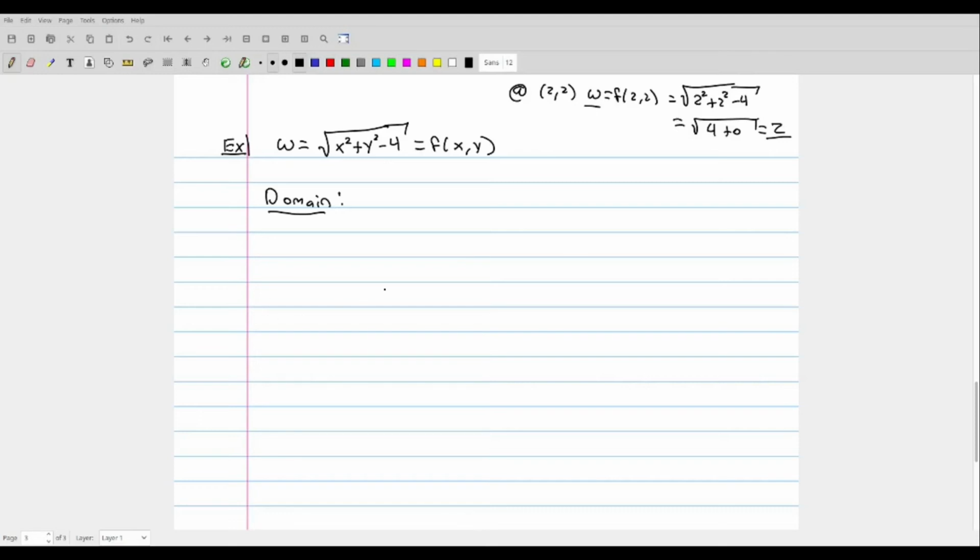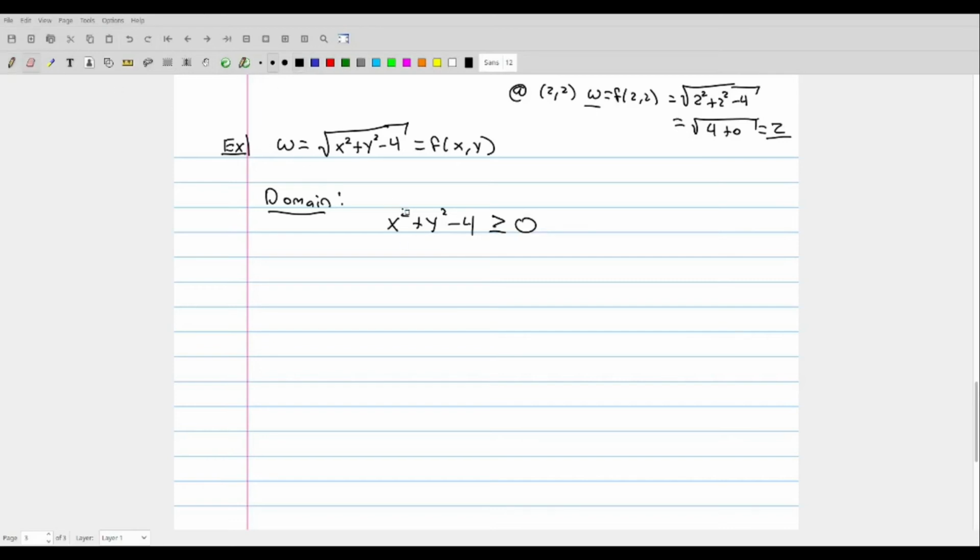So this gives us a restriction on our domain: x squared plus y squared minus 4 has to be greater than or equal to 0. If this is not true, you end up trying to take the square root of a negative value, which is not possible.